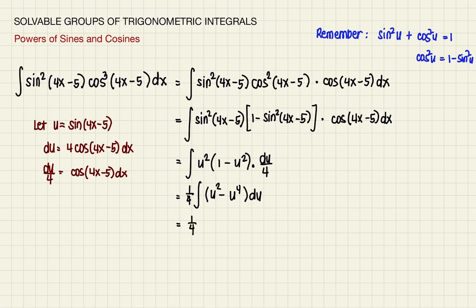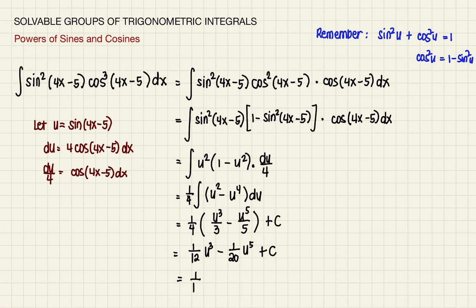So that's 1/4 times u cubed over 3 minus u to the power of 5 over 5 plus c. Or that would be 1 over 12 u cubed minus 1 over 20 u to the power of 5 plus c. And then we have to write it again in terms of the original function.